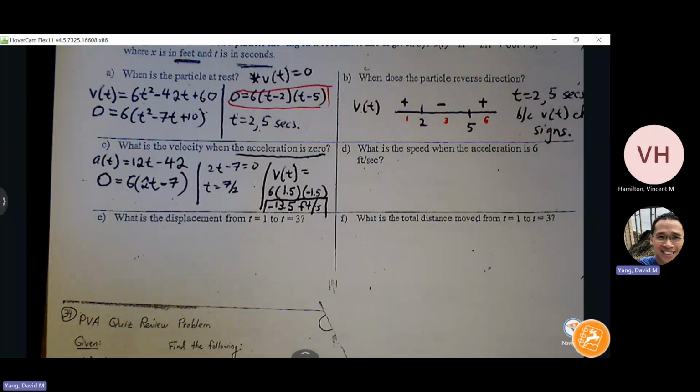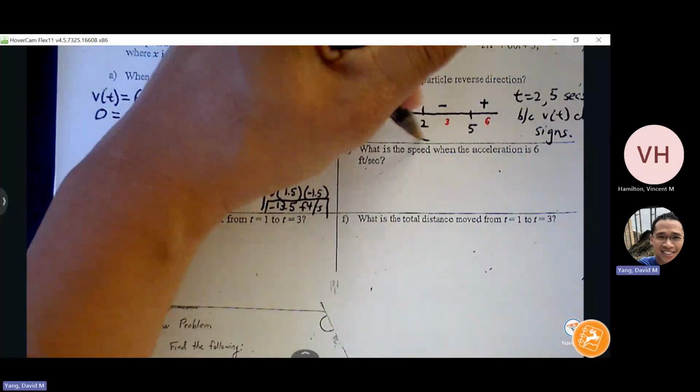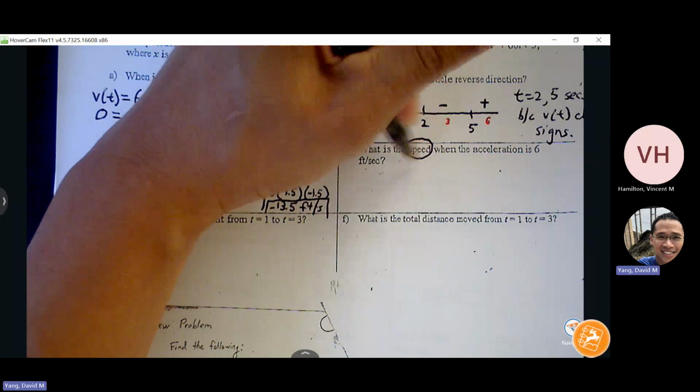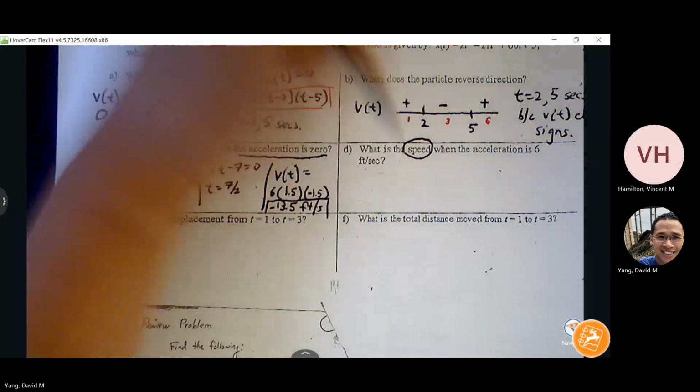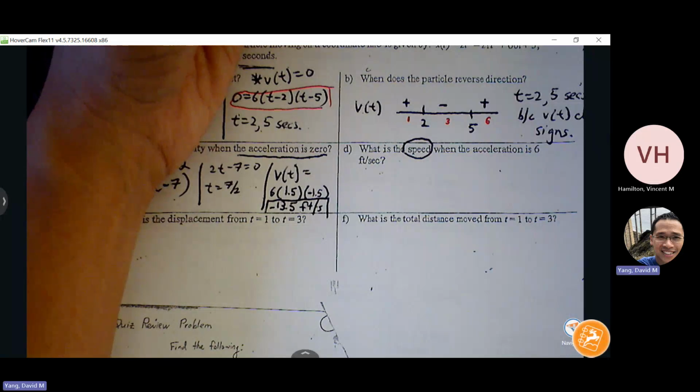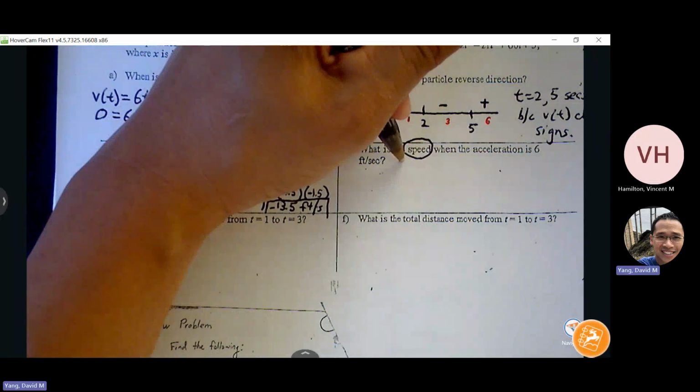Part D says, what is the speed when acceleration is 6 feet per second squared? Let's not worry about speed just yet. We can just worry about something that's related, that's more connected to us. What's related to speed? Yeah, speed is similar to velocity, right? So it's just the positive version of velocity.